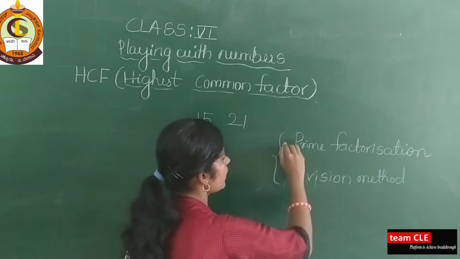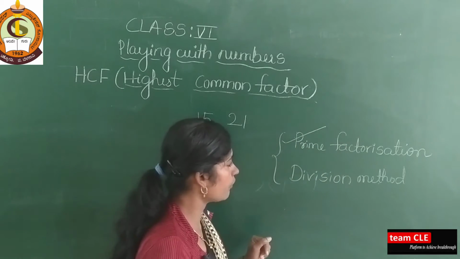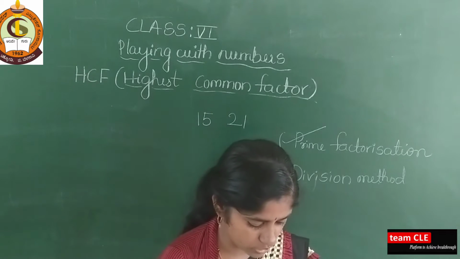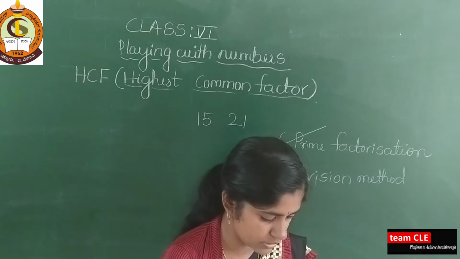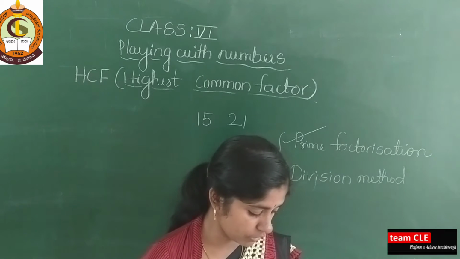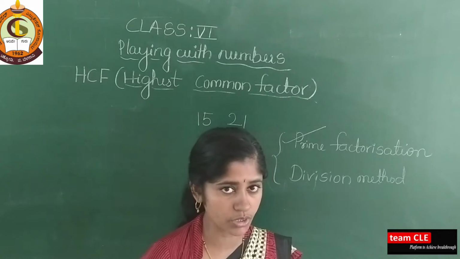So in this class we are going to learn only how to find the HCF by prime factorization method, and we are going to solve some of the examples from your exercise 2.3, and that is first one, find the HCF of the following numbers by prime factorization method.